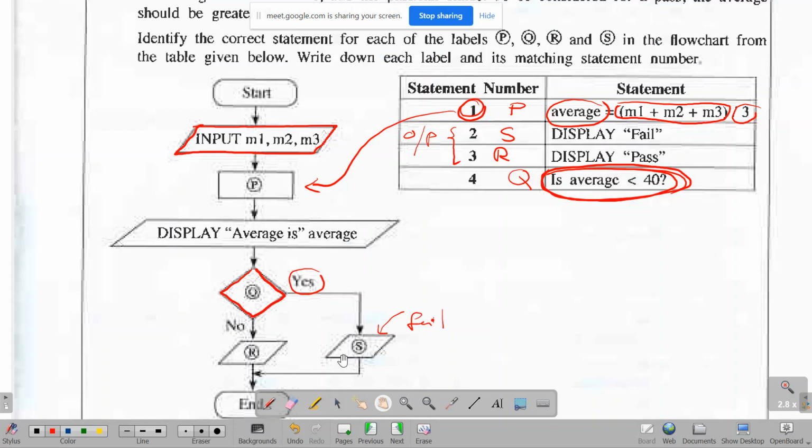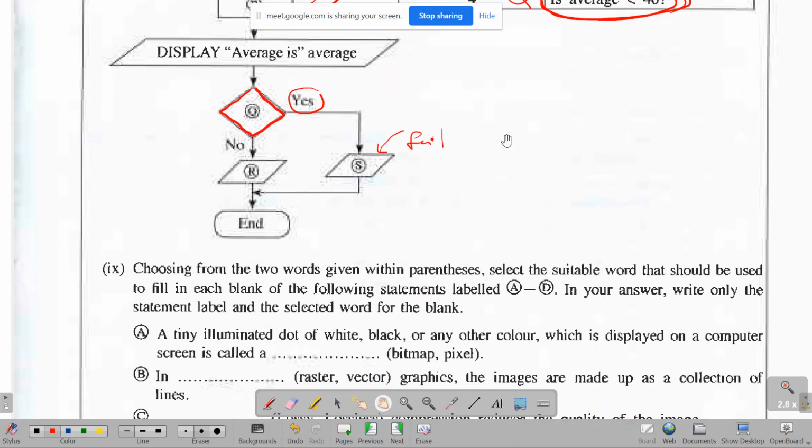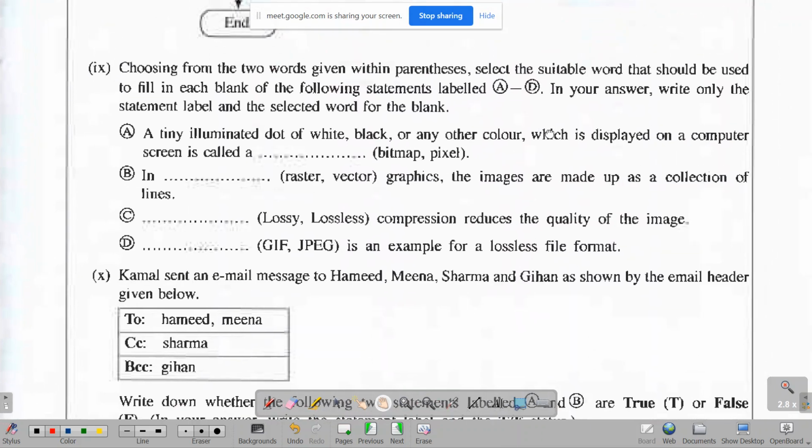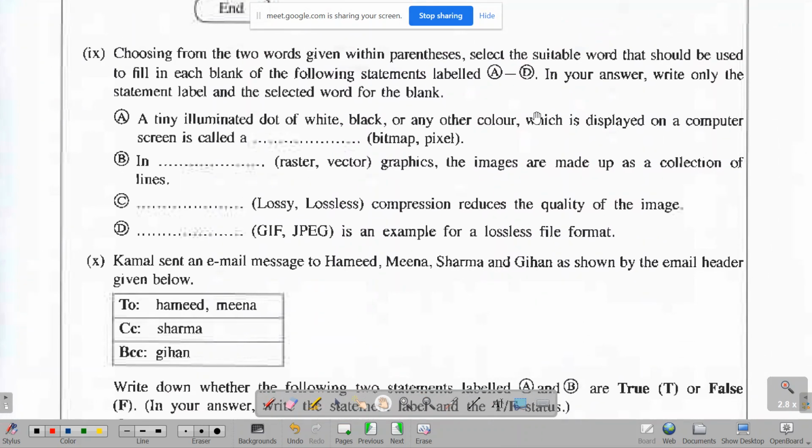Right. So moving to the next part, the ninth one. It's saying choosing from two words given within parentheses, select the suitable word that should be used to fill in each blank of the following statement labeled A to D. In your answer, write down only the statement label and the selected word for the blanks.